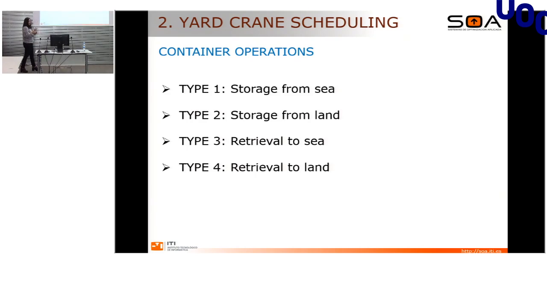The truck arrives and the container has to be stored from the truck to the yard. Types 3 and 4 are the opposite operations, retrieval to sea or retrieval to land, when the container is inside the yard and you have to pick it up and send it out to the vessel or to a truck.